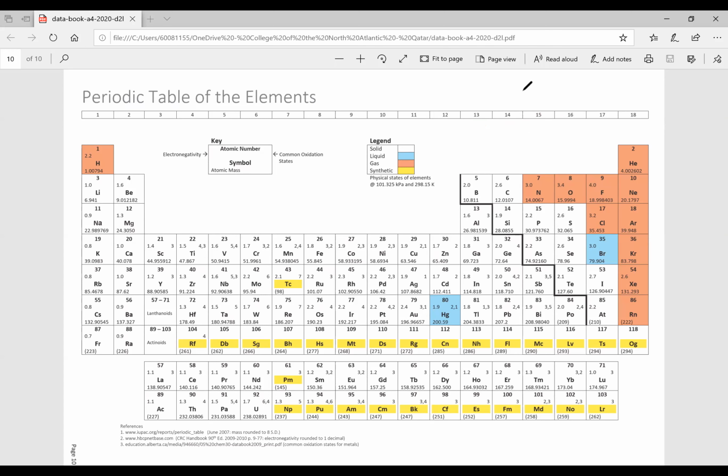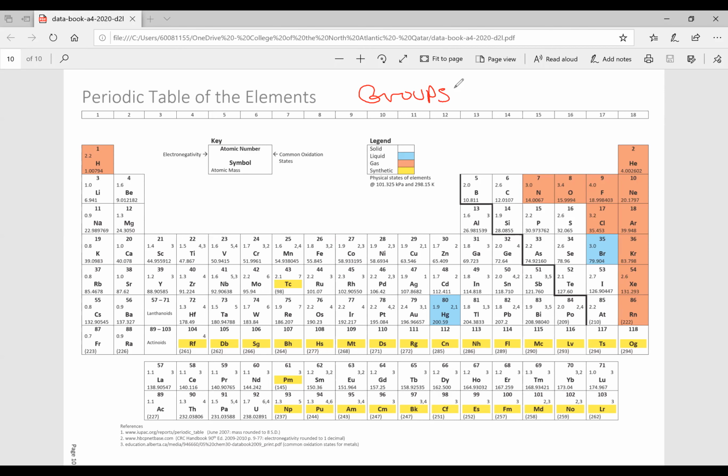Okay, your groups. Sir, where can I find it in the content? In the content, so click on content. I won't bring up the D2L now. I've got too many things open. But if you go to content in D2L, on the sidebar, there is a list of things like course information, lectures, PowerPoints, lab information, and there's one of them that says periodic table and other information. It's in that.